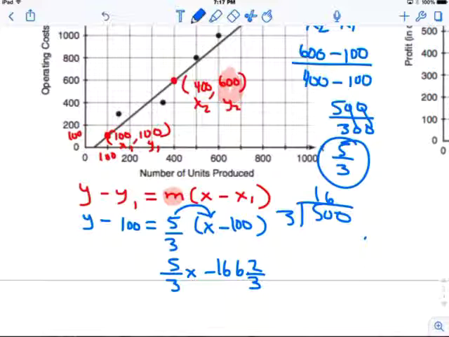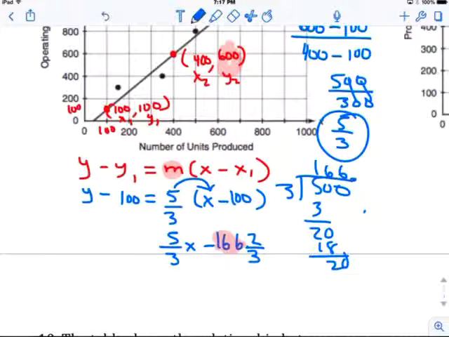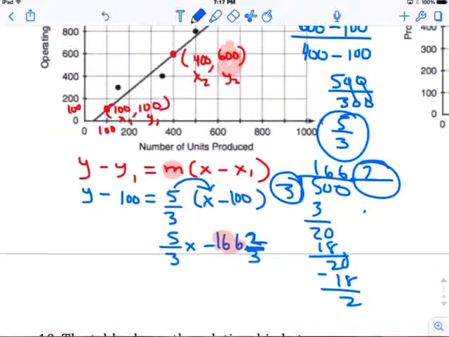Or if you want to divide to make sure, you can divide 500 by 3, goes into 166, remainder 2. So you have a remainder of 2 over the denominator 3.